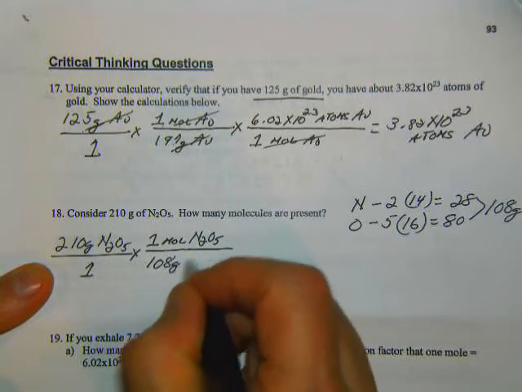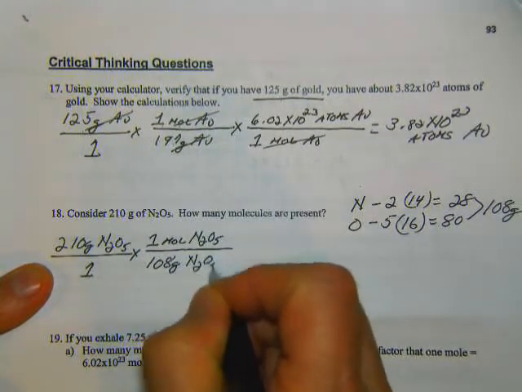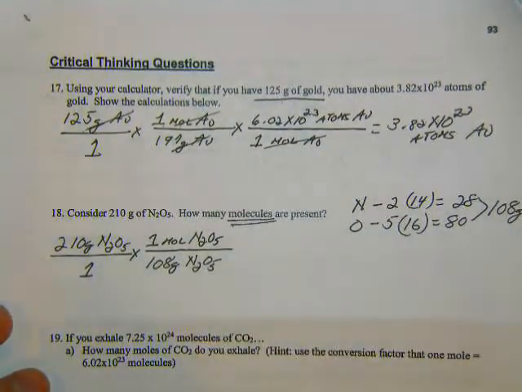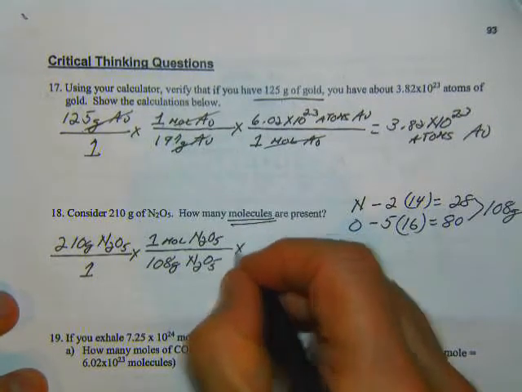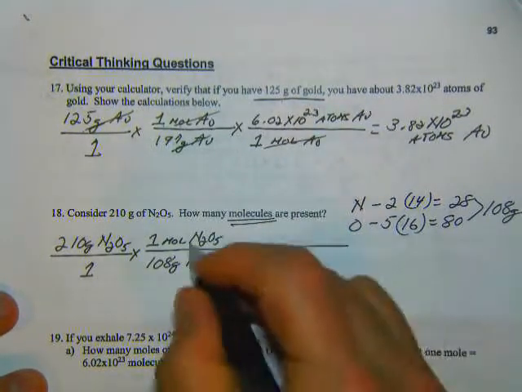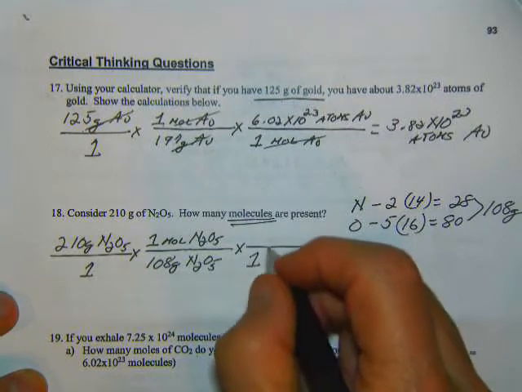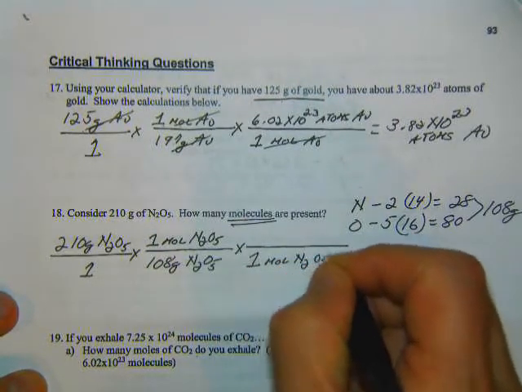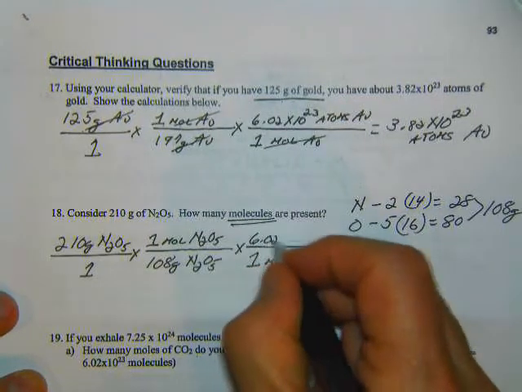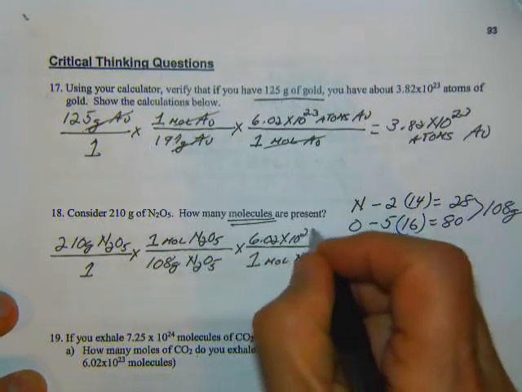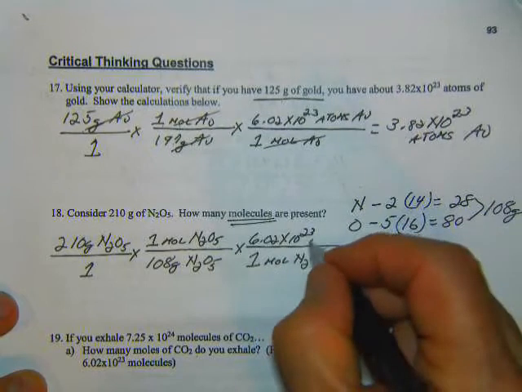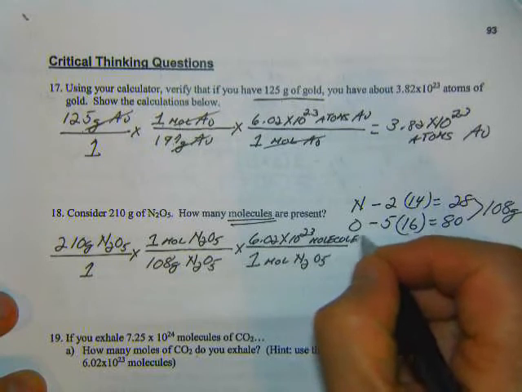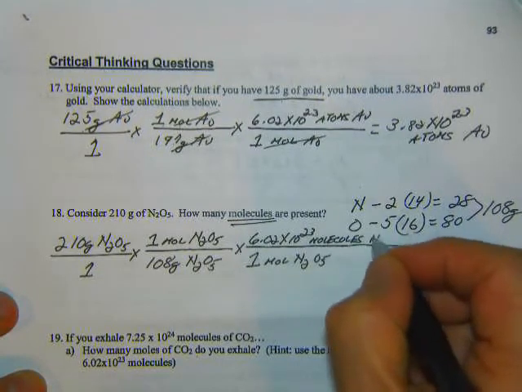And we want to know the number of molecules, so we're going to use Avogadro's number again. 1 mole of N2O5 is 6.02 times 10 to the 23rd molecules of N2O5.